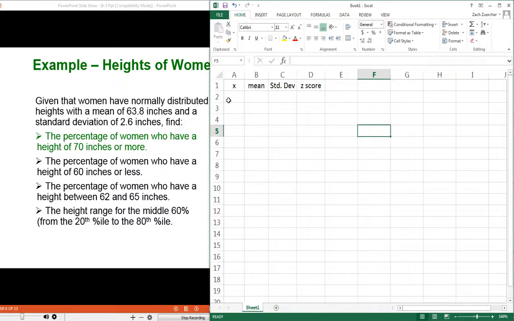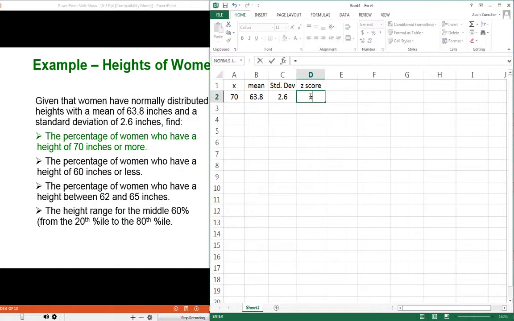Now, before we dive right in, I wanted to just say, if we have the X, the mean, and the standard deviation, we can calculate the Z-score. In this case, for the percentage of women who have a height of 70 inches, with a mean of 63.8 and a standard deviation of 2.6, what is the Z-score of 70 inches?